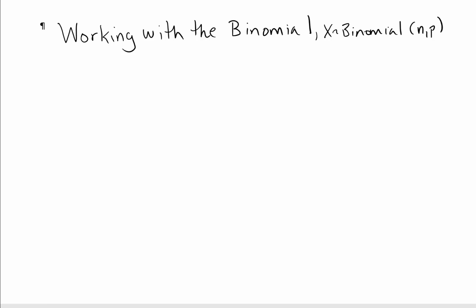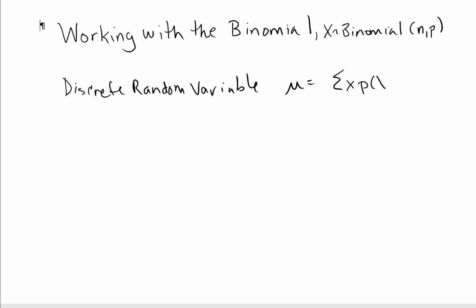Now remember, for a regular discrete random variable, the mean is found by summing up each of the values of the random variable times the probability that that random variable occurred.